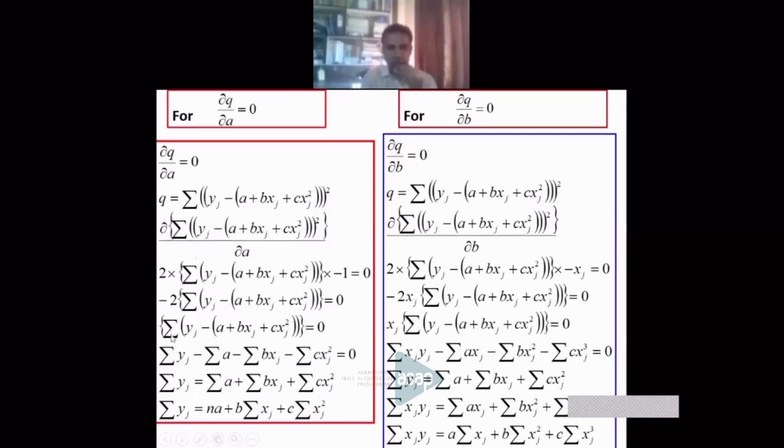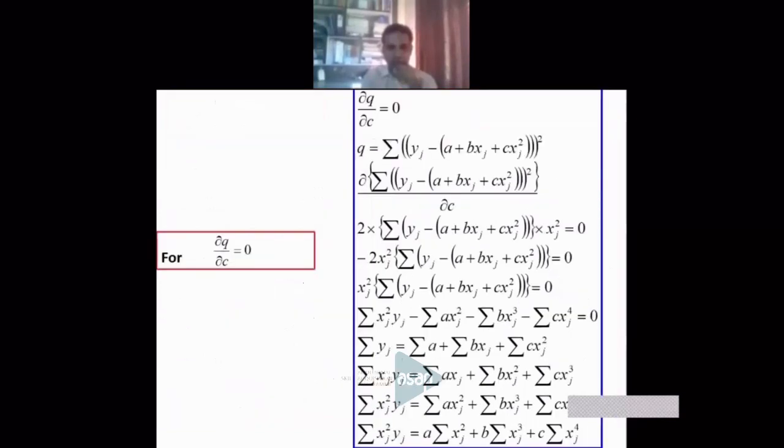If you take this out of the bracket, you get sigma yj minus sigma a minus sigma b xj minus sigma c xj squared equal to 0. When you transfer all terms to the right hand side, your equation can be written in this manner, and you can take sigma a across the given data points. There are n data points.